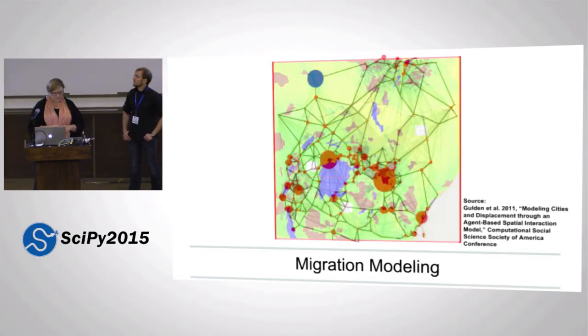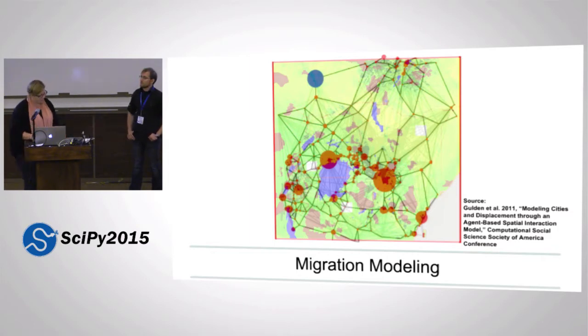So next is a simulation on migration behavior for displaced people in East Africa. This is built in Mason, which is also Java-based, and came out of George Mason University, where we both go. We didn't like that. Well, I don't like it.